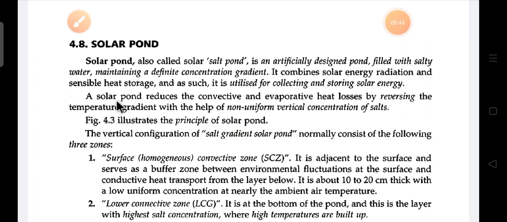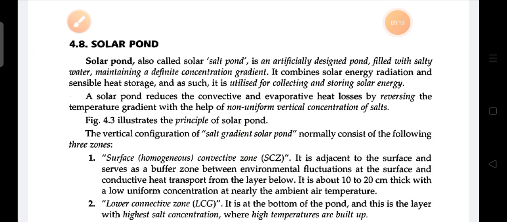A solar pond reduces the convection and evaporation heat losses by reversing the temperature gradient with the help of non-uniform vertical concentration of salt. That means in our general pond, there is heat loss due to convection, and convection means reflection.